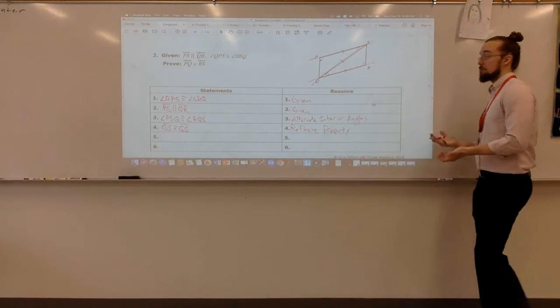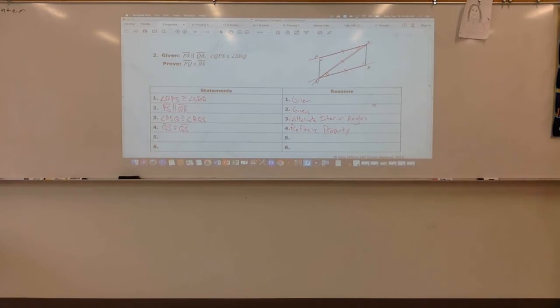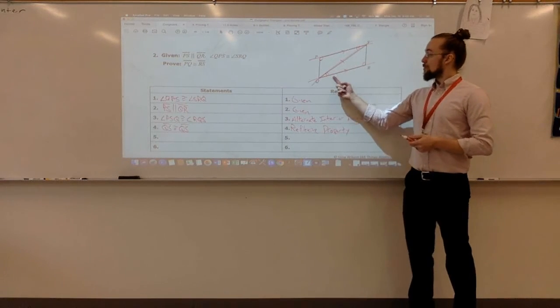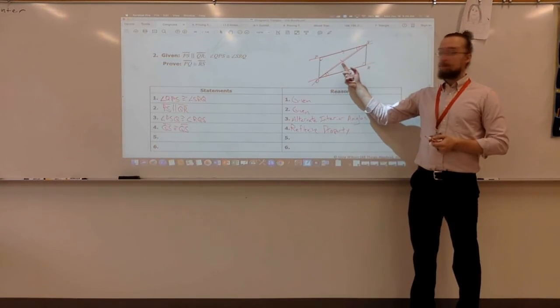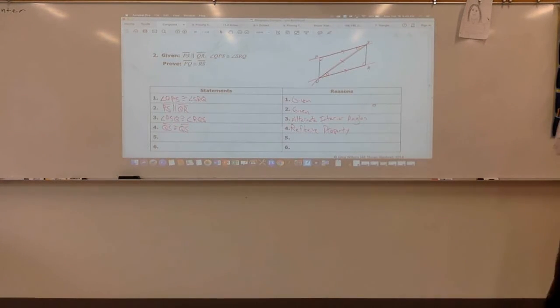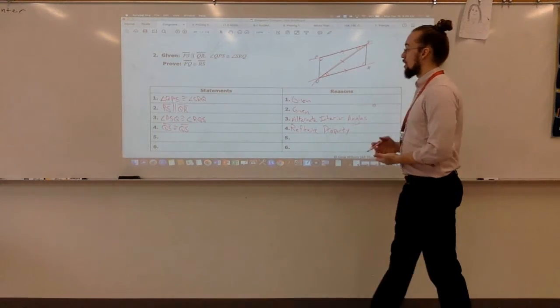So now, if I look at my picture that I've marked up, I've got 2 angles and a side not in between them. I can now say that these triangles are congruent by angle, side.